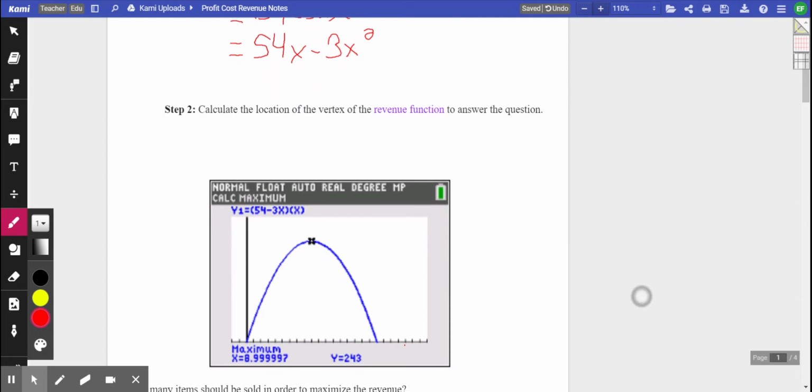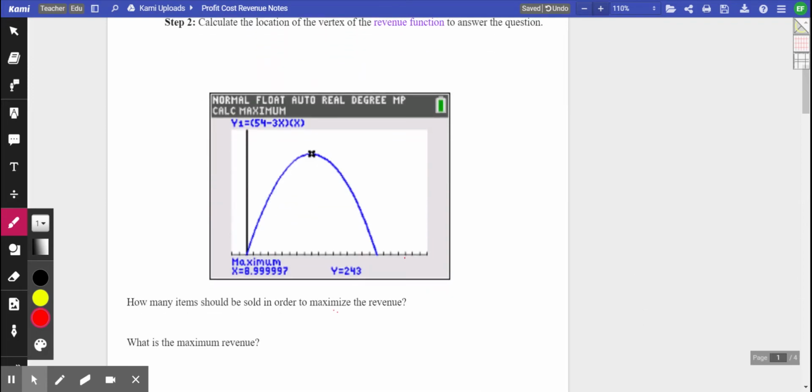So considering I do want to find the maximum, the question's asking me all about max revenue. I know that when I plug the function into my y equals, I'm going to be trying to calculate my maximum. And I see those points given to me here, the x and the y value. I just need to translate and figure out which part answers which question. So how many items should be sold in order to maximize the revenue?